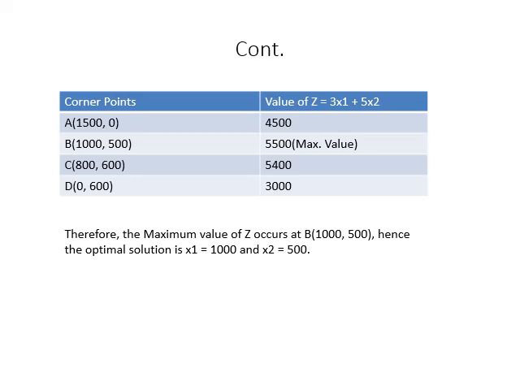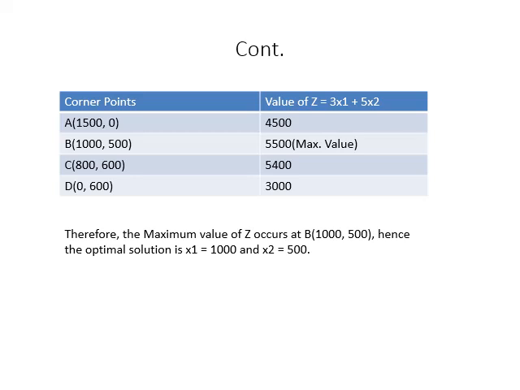Next corner point C, where x1 equal 800 and x2 equal 600: z equal 3 times 800 plus 5 times 600.